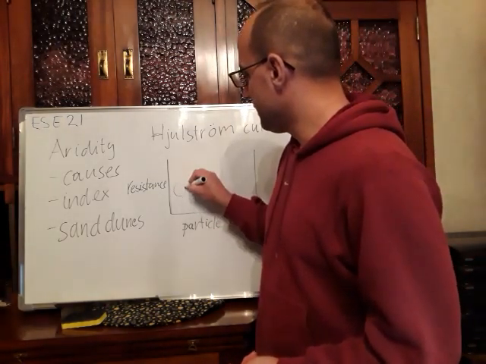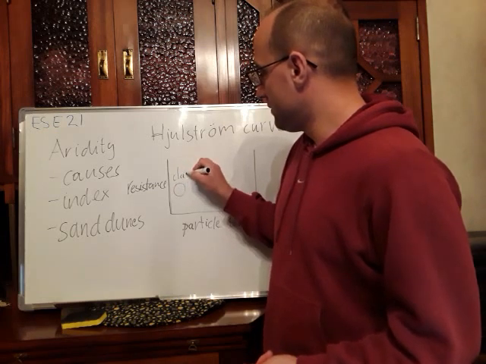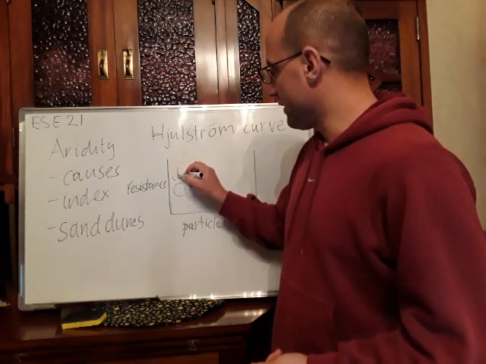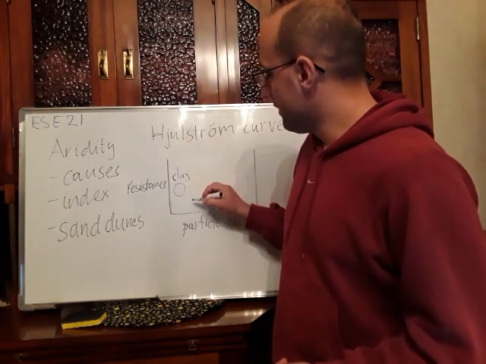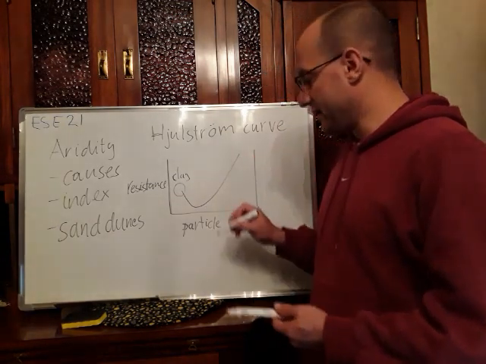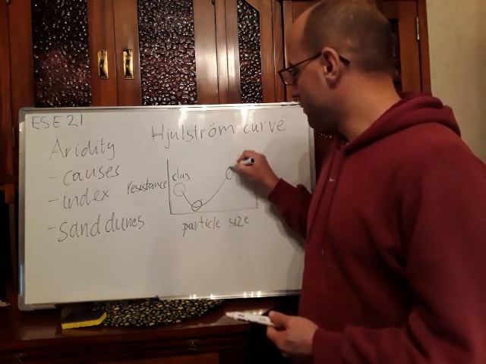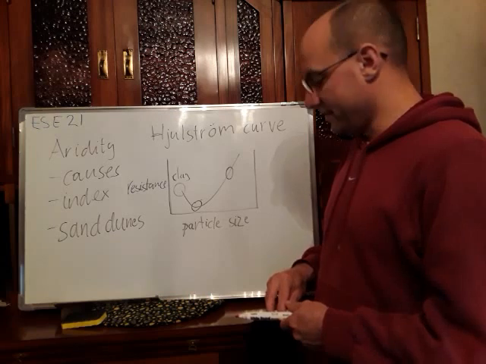Instead, here we would have clay, the smallest particle sizes of minerals or grains, and it looked something like this. We have silt and perhaps sand, much larger in particle size.